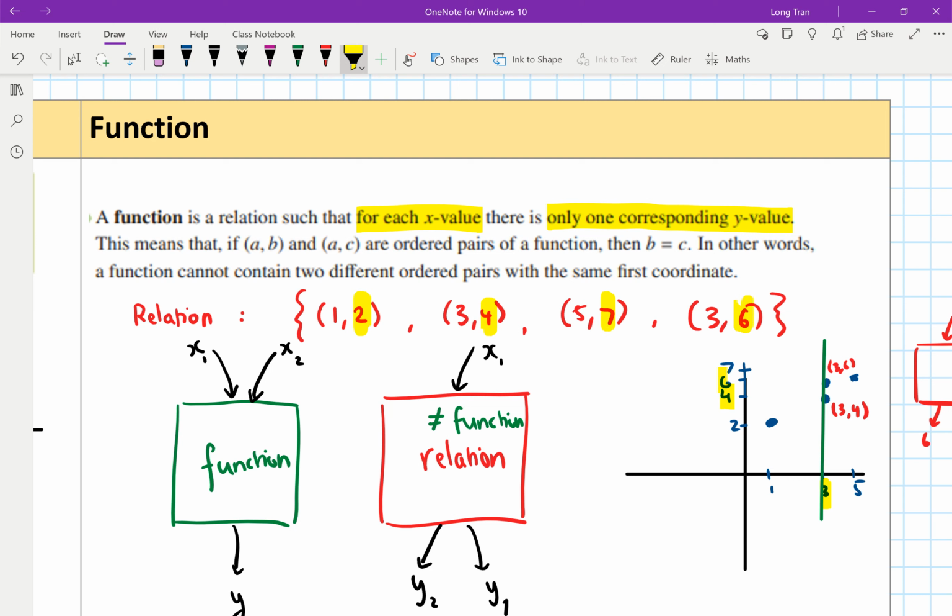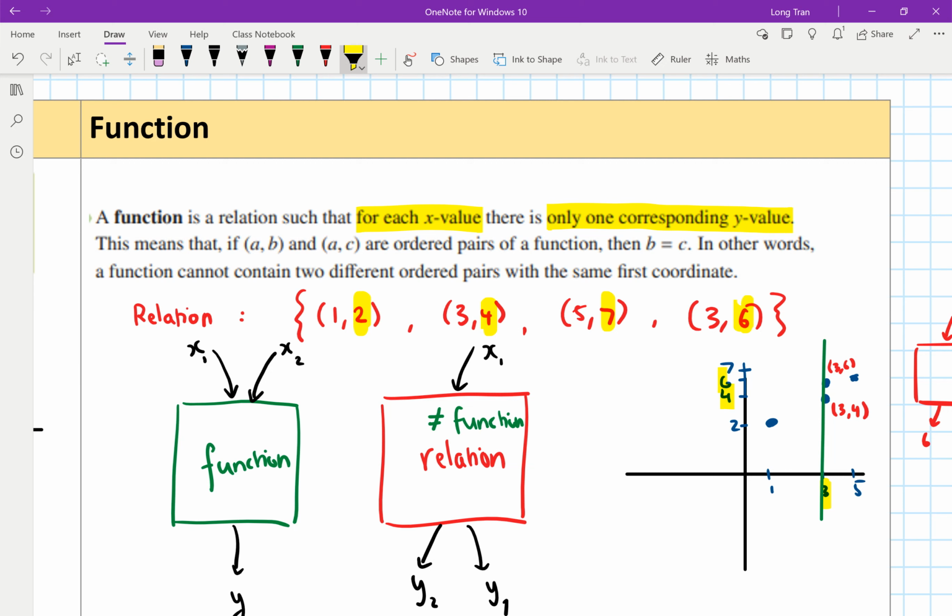They're all different. Therefore, it must be a function. Sorry, not a function. When you have 2, 4, 7, and 6, those are the unique y values. But what's interesting is, are there similar x values? For the one x value, are there repeated ones?